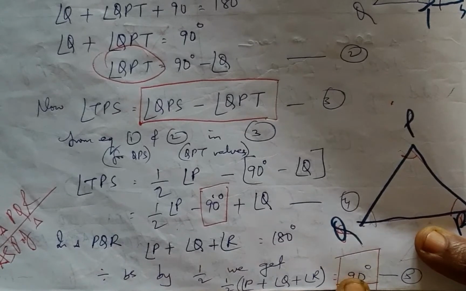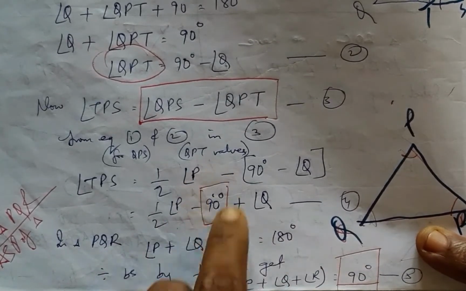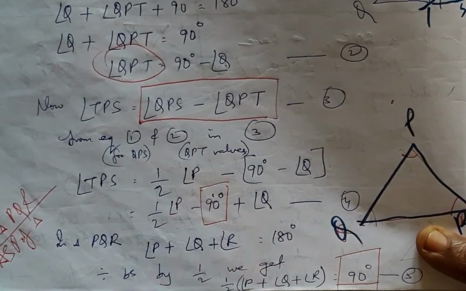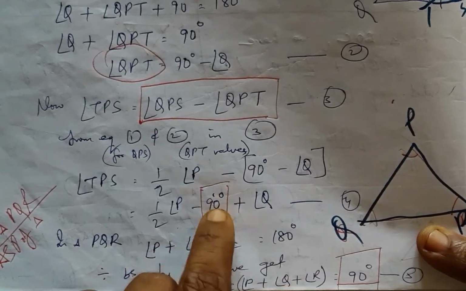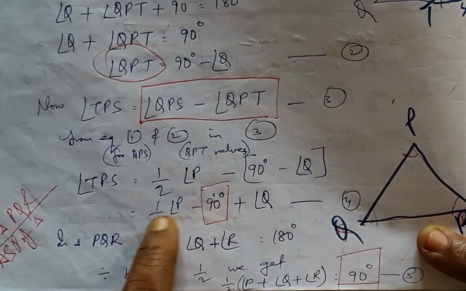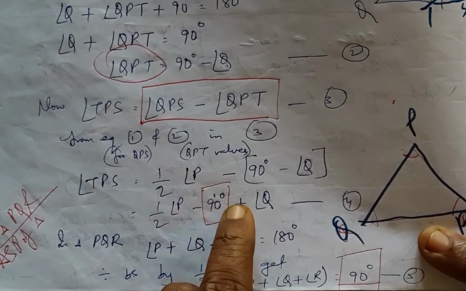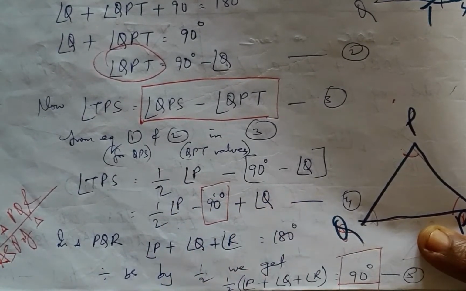This 90 here I replace with the LHS of this value herein, which will be half P minus half of P plus Q plus R plus Q.